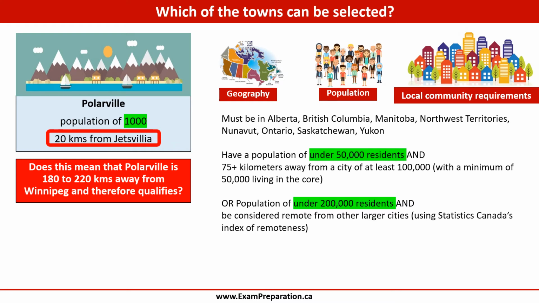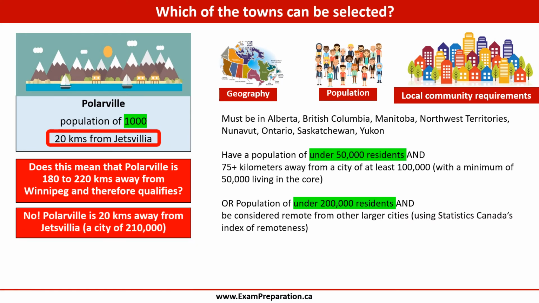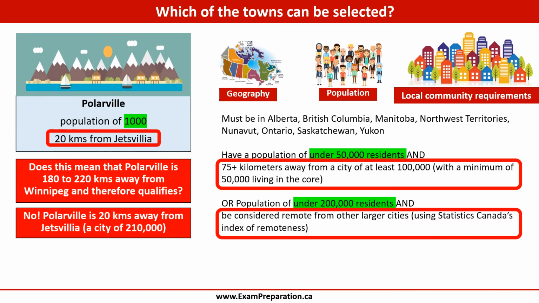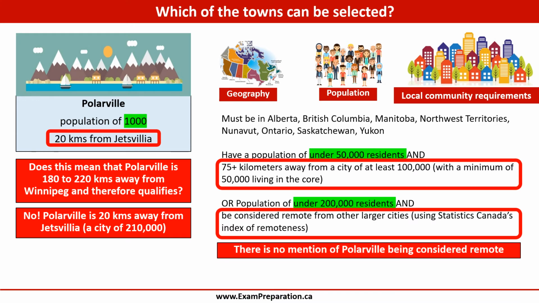Now, the tricky part of this scenario is right here. And if you got this, perfect. It shows that you are adept at looking through the scenarios to see some of the tricky elements. Well, Polarville is 20 kilometers away from Vilia, and Vilia has a population of more than 200,000. So when we take a look at this in terms of geography, there's no mention, of course, of being considered remote.